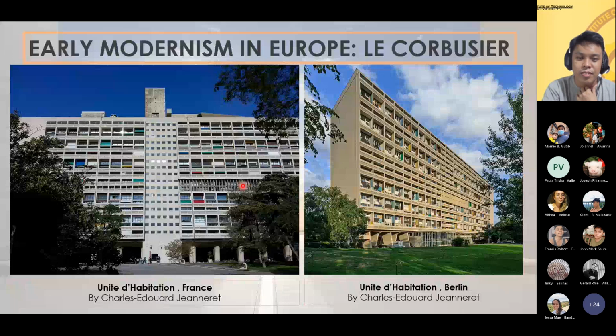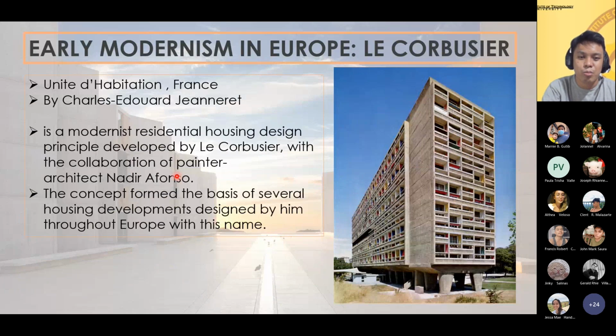So here, it's a modernist residential housing designed by Le Corbusier, or Charles Edward Jeanneret, in collaboration with artist and painter Nadir Afonso. So kani mga nag-design ning mga yellow, red, ideas of Nadir Afonso.